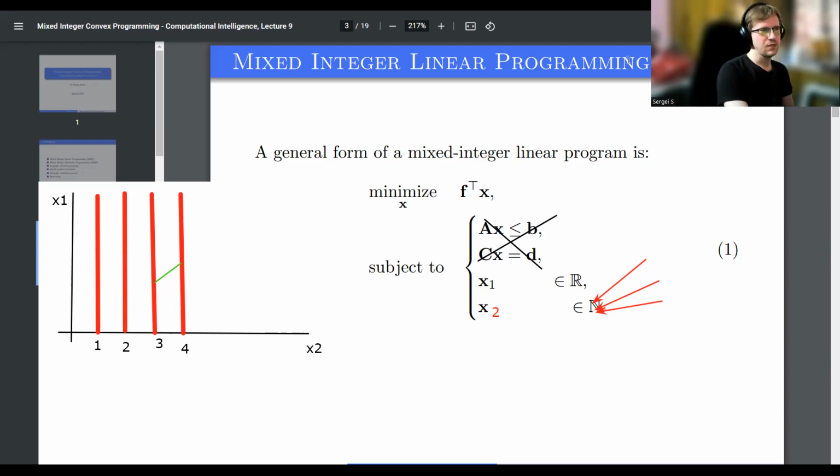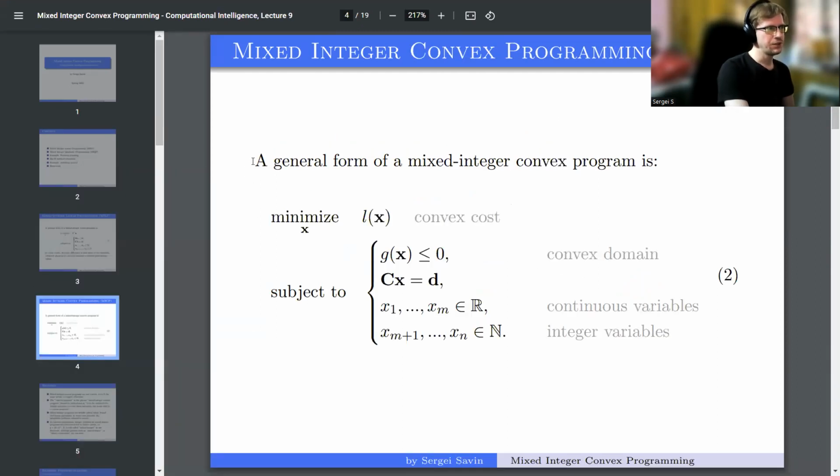Right. Good. Now let's just move a little bit further. We'll look a little bit more at general formulations, and then we'll see what's going on. So a more general form would be something like this. You have a cost, which is convex in decision variables. So the cost itself has to be a convex function if you're going to minimize it, concave if you're going to maximize it. You have some sort of inequality.